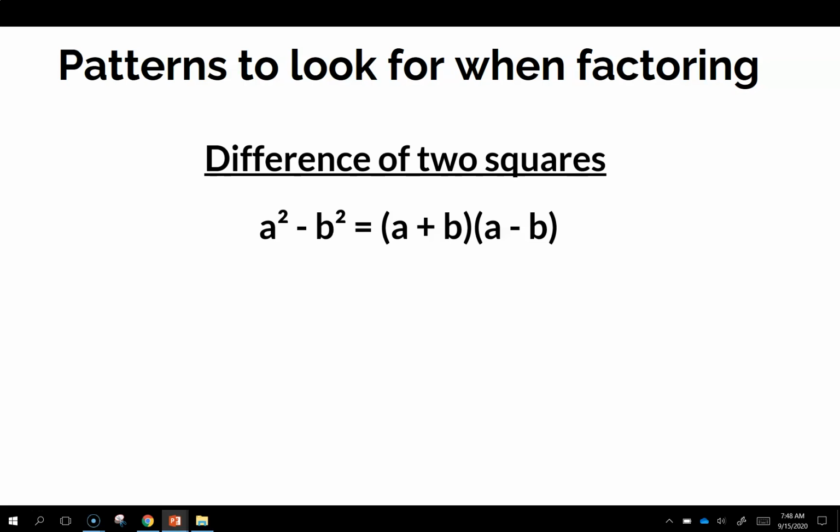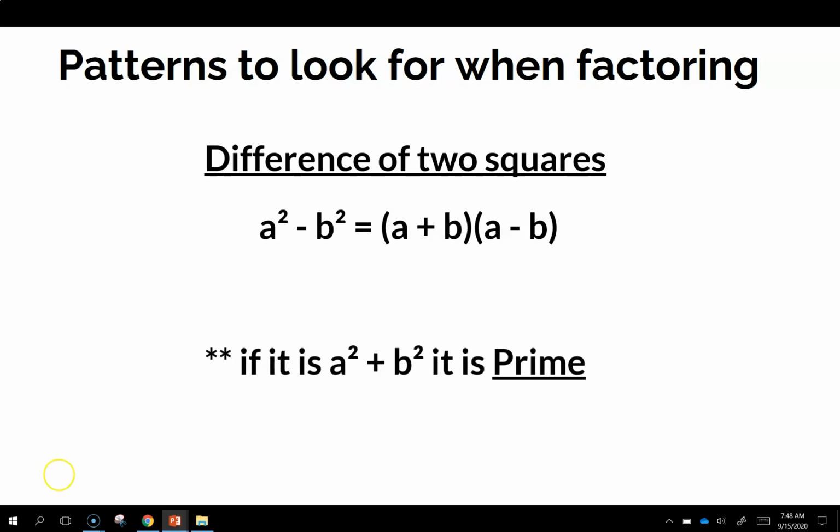This also looks a whole lot like your complex conjugate theorem. So it should look familiar to you because technically you've already used it. You've just done it the opposite way. If we ever have a sum of two squares, so a squared plus b squared, it is called prime, and you cannot do it.